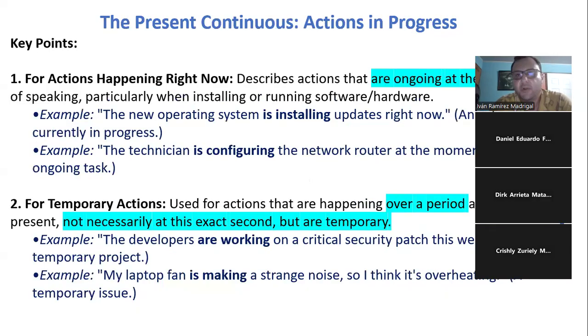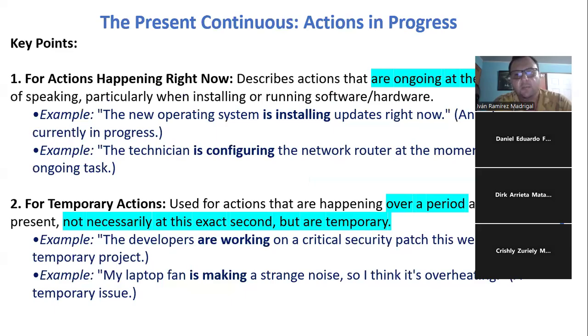Now we're going to talk about the present continuous. The present continuous or progressive talks about ongoing actions, right? It talks about things that are happening now, right now, at this very moment. And this is going to be our first filter.